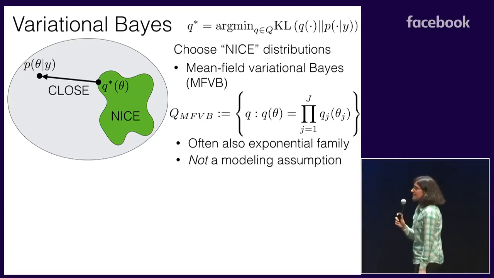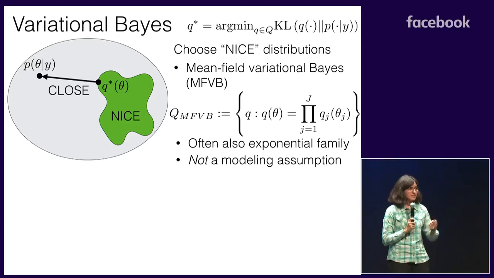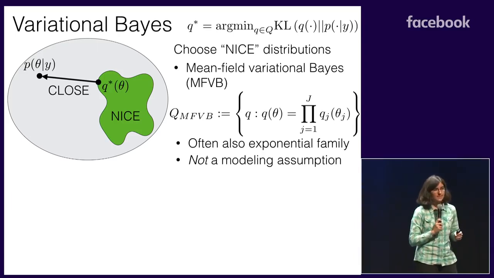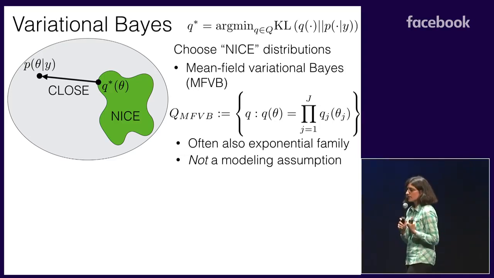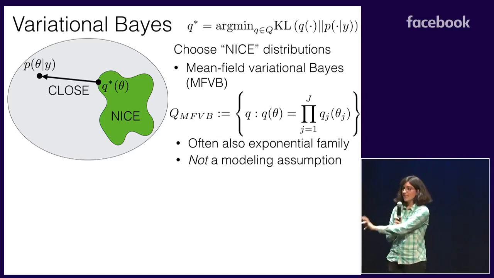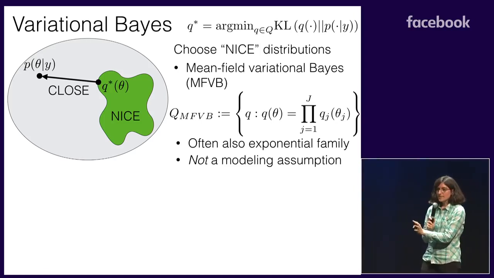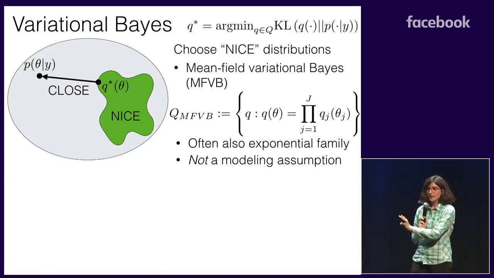Now, something I want to emphasize very much here is that this is not a modeling assumption. We went into this talk saying that we imagine somebody has come to us and they have given us a prior and a likelihood. That is our model. And we want to have an automatic way to report back to them a posterior mean and a posterior covariance for that choice.